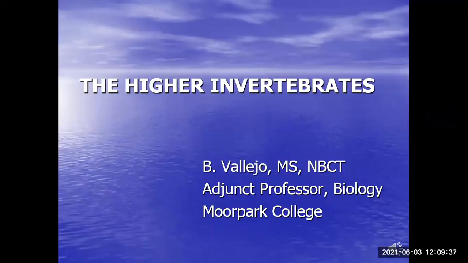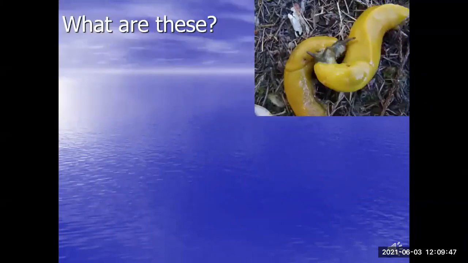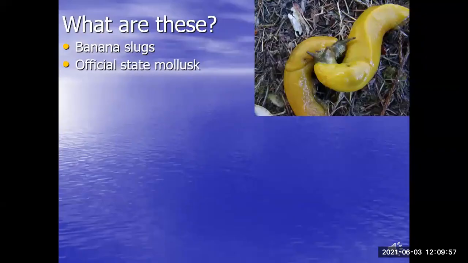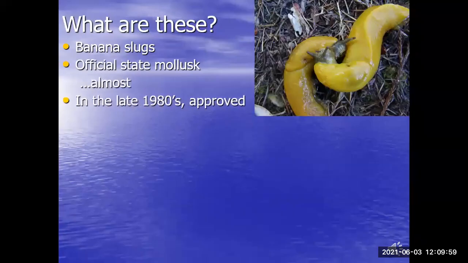Well, here's a question for you. What are these? Do you know? Banana slugs. Those are banana slugs, two of them. And banana slugs are important in California history because they were considered to be the official state mollusk. They are not, but they were almost the official state mollusk.